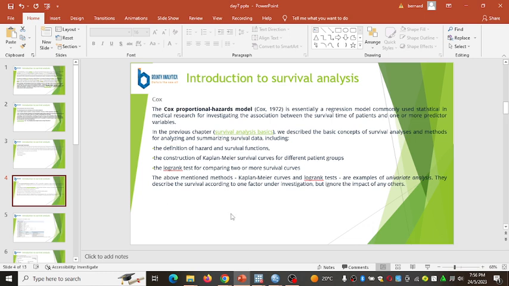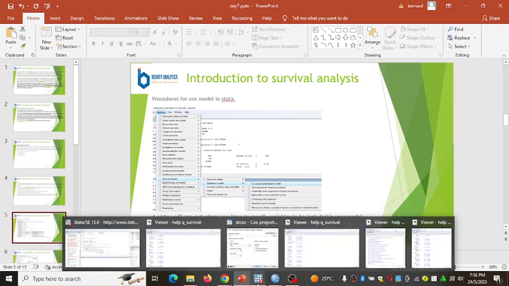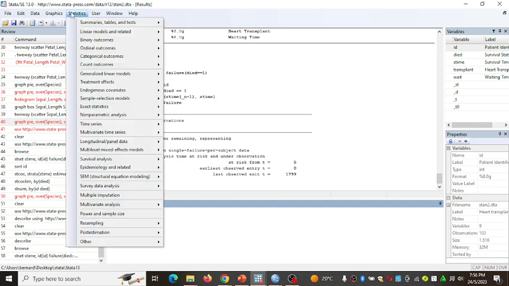Now, how do we get the Cox proportional hazard model? Our data is already in survival analysis format. So you just click on statistics.